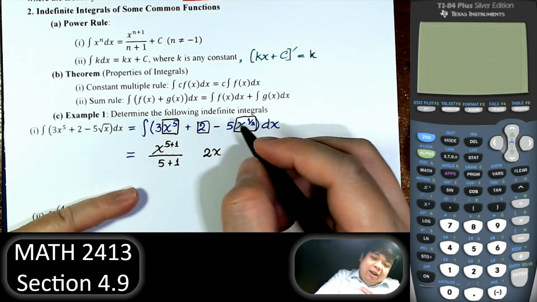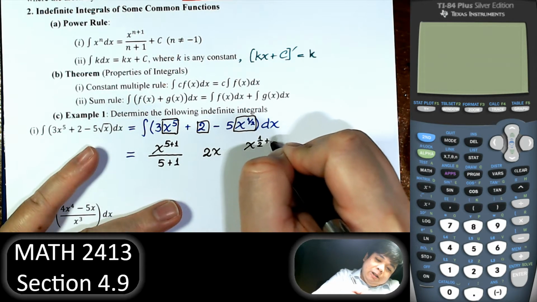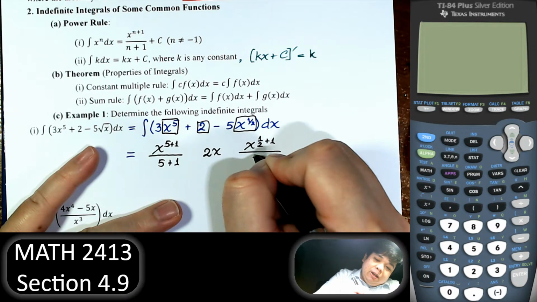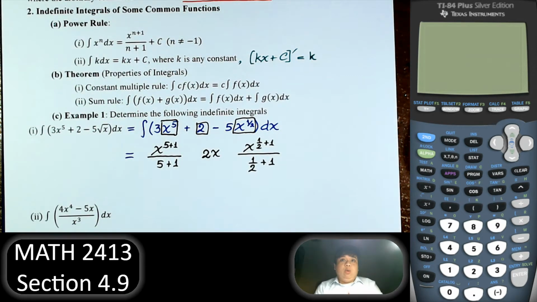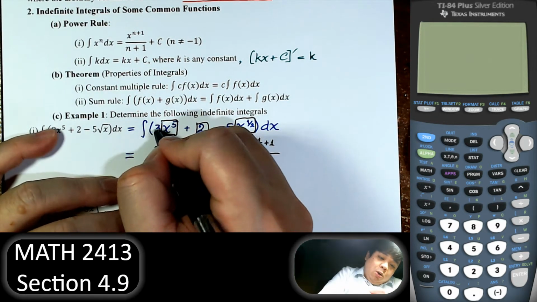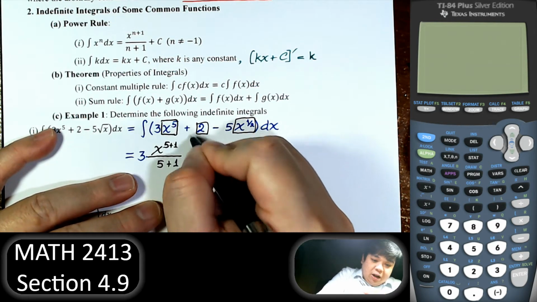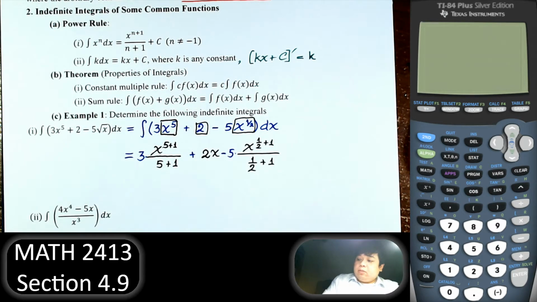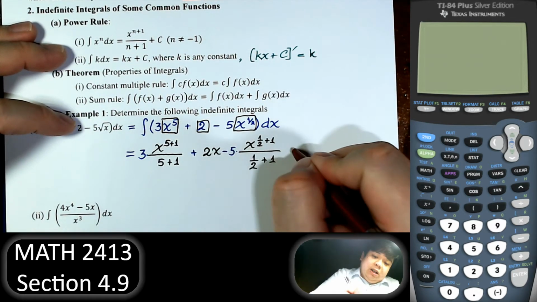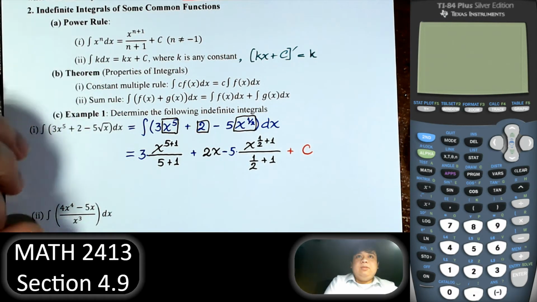And for x to the 1/2, just increase the power by 1 and divide by the same thing. In that case, all the constant multipliers will stay there. The plus sign stays here. The minus 5 will stay there. Now, if we want to find all the antiderivatives, we'll have the constant of integration.